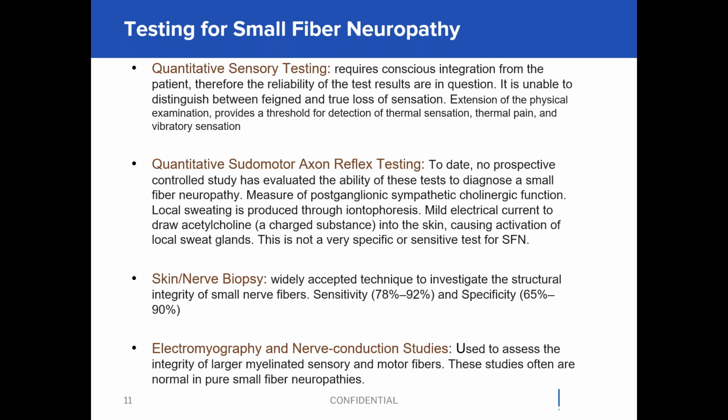And of course, we have EMG and NCV testing, nerve conduction testing. This is a fantastic and very accurate test. However, it's going to be completely normal if it's a small fiber neuropathy, because the test examines large fibers, and small fiber neuropathy is going to be the problem. So if you have small fiber neuropathy and you do a large fiber nerve test on it, you're going to get completely normal results, and you're not going to be able to help that patient.